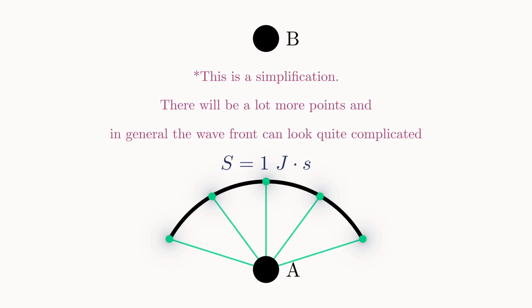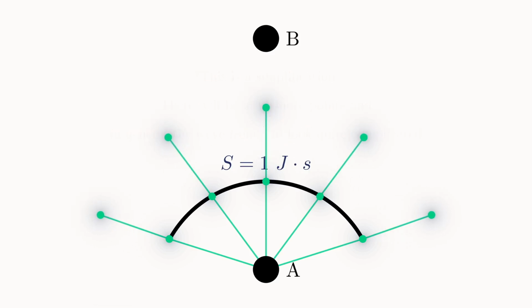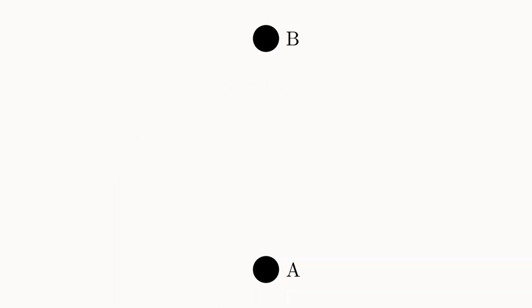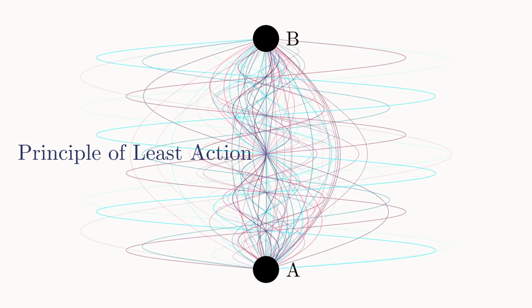And of course, we can repeat this process. Now, just as the true path of the light ray behaved according to Fermat's principle of least time, the true trajectory this classical particle takes is governed by the principle of least action.